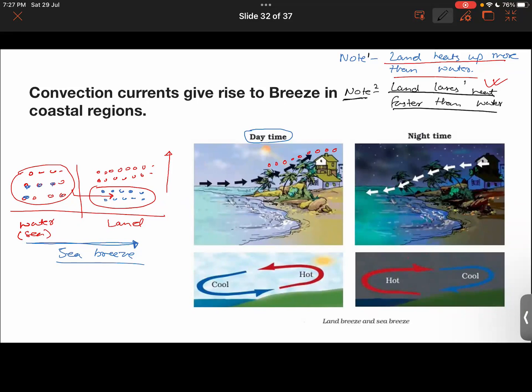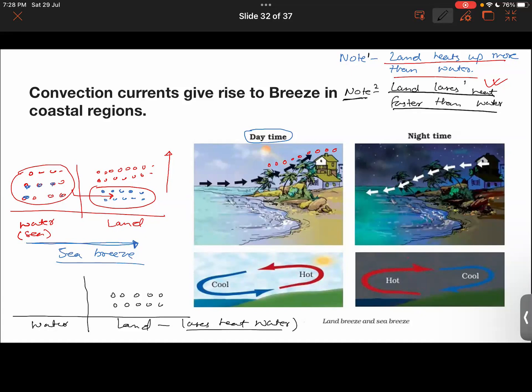So the air molecules above the land, let's understand via another diagram. During the night time, the air molecules above the land are comparatively colder because the land loses heat faster, and the water loses heat slower, while land loses heat faster.